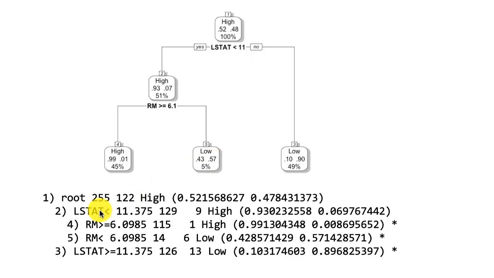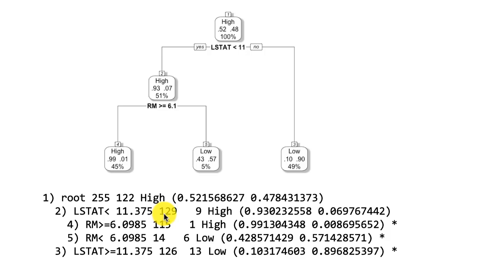For node number 2, it says what condition was satisfied: LSTAT less than 11.375. Here it's just printed as 11, but to avoid crowding, they didn't print all the decimals. So the actual split occurred on LSTAT less than 11.375, and all those cases came here. 129 cases satisfied this condition.